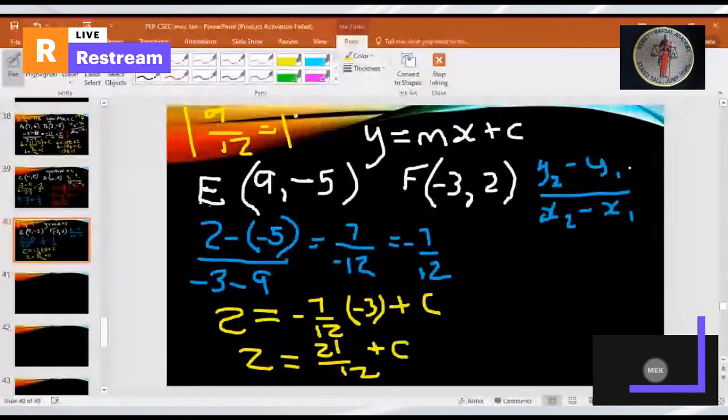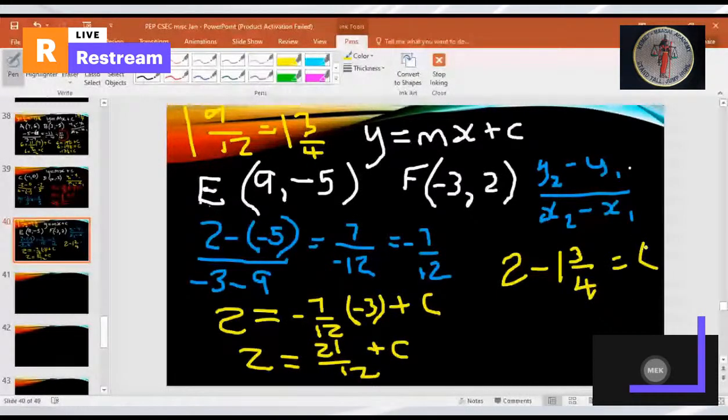So c would be equal to 2 minus 1 3/4. So c is equal to 1/4.